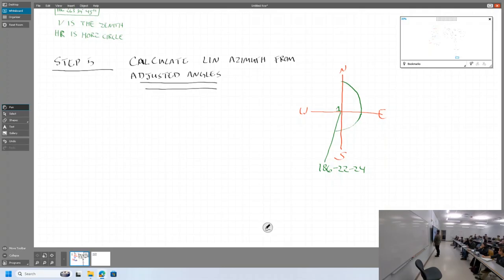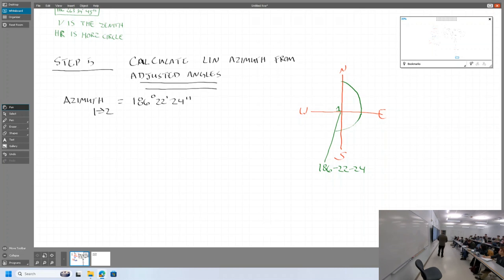So our azimuth from 1 to 2 equals 186, 22, 24.